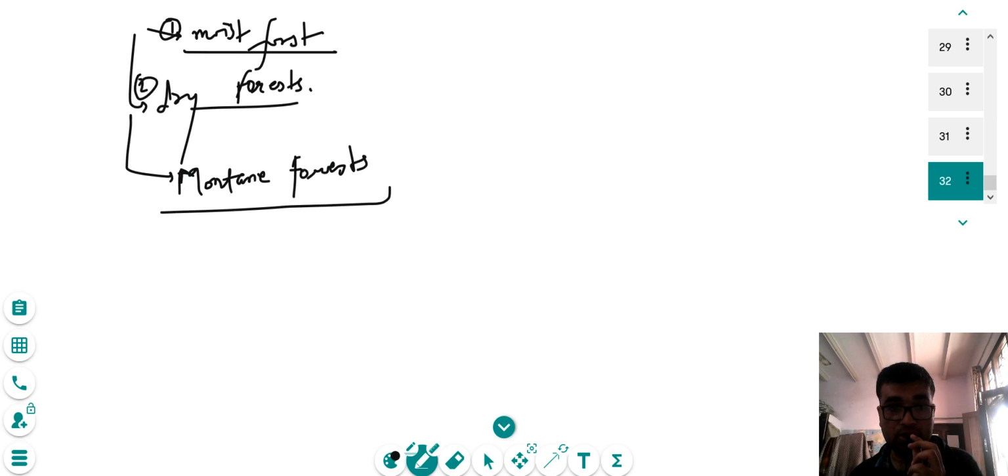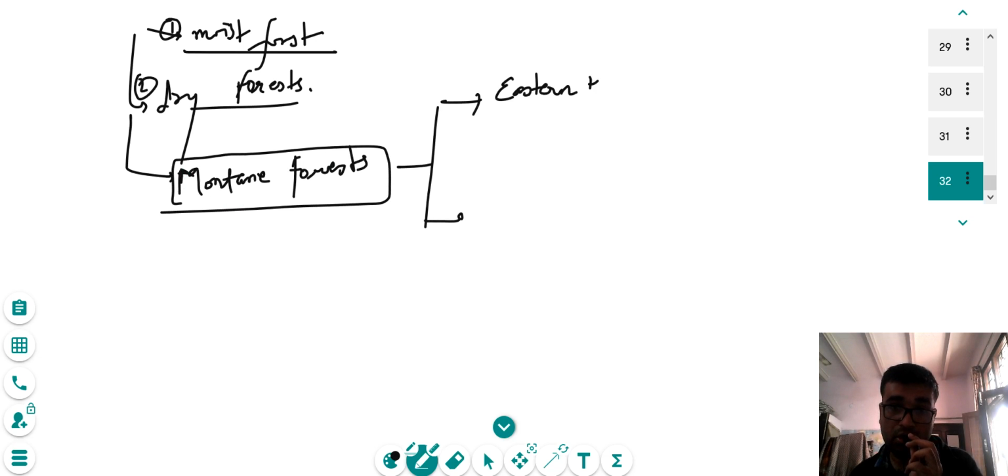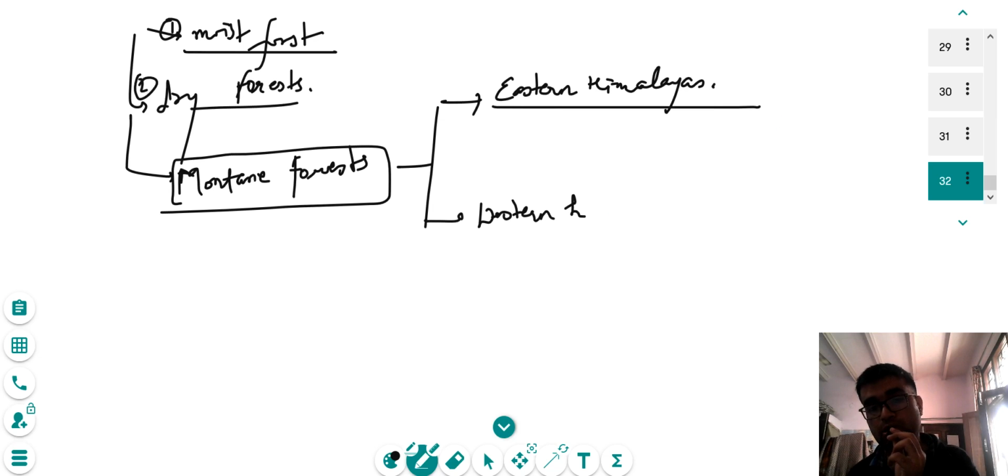Mountain forest in India is further divided into two types: one in the eastern Himalayas in the Assam and Arunachal Pradesh region, and the second in the western Himalayas, particularly in Uttarakhand, Himachal Pradesh, and Jammu and Kashmir.